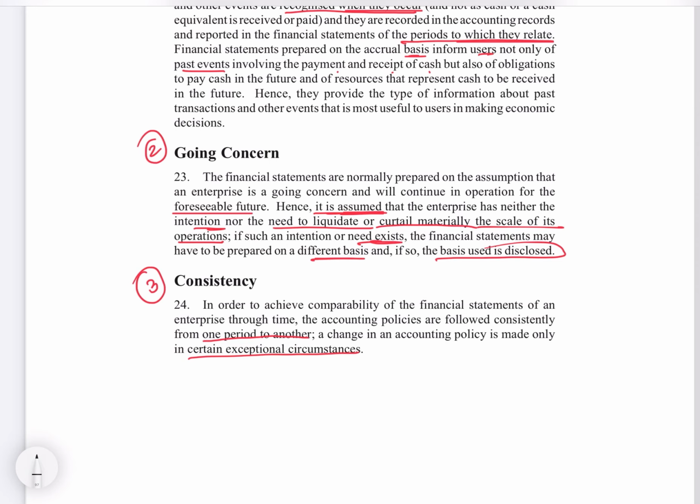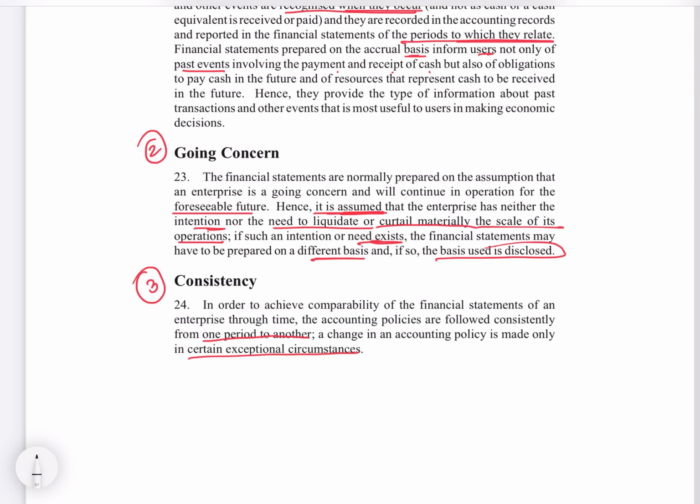Consistency. When they say consistency, it means whatever accounting policies they are following from one period to another, it has been continued every year. There has been no change in accounting policy. If the circumstances require it and they need to change accounting policies, they can do it with a separate disclosure regarding the same.